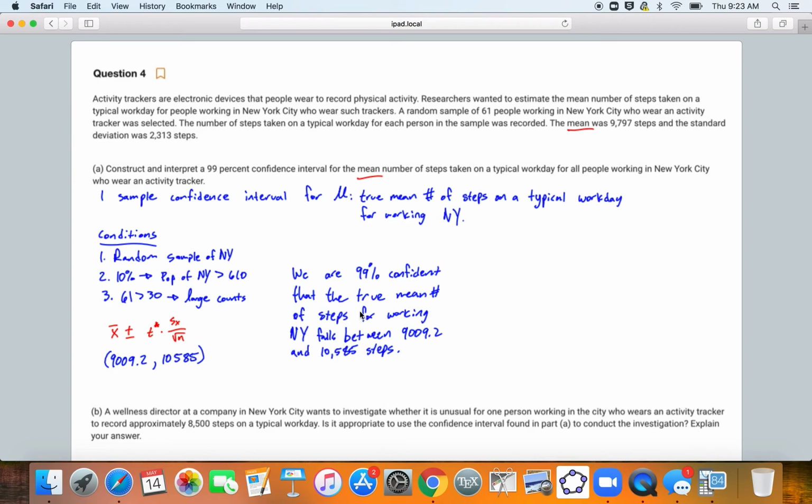A wellness director at a company in New York wants to investigate whether it's unusual for one person working in the city who wears an activity tracker to report approximately 8,500 steps on a typical workday. Is it appropriate to use the confidence interval found in part A to conduct the investigation, and explain your answer?